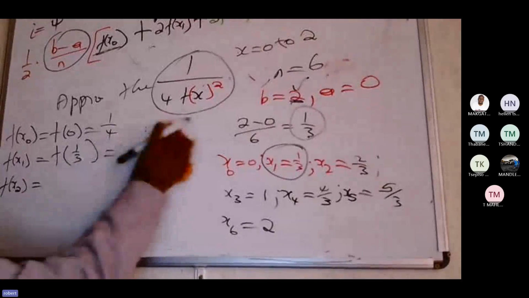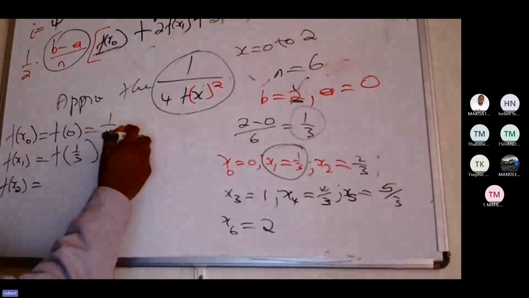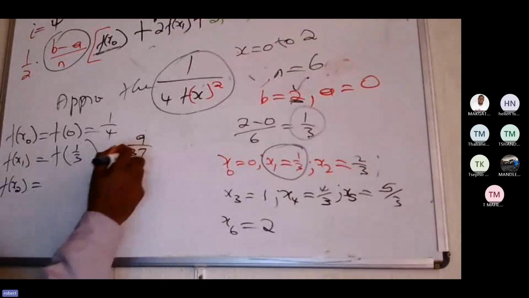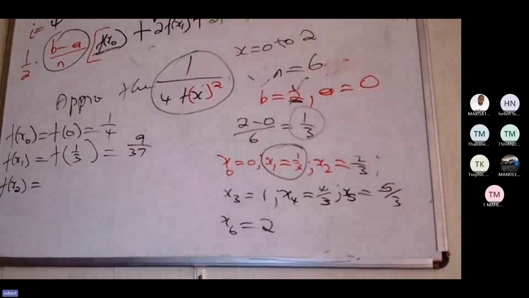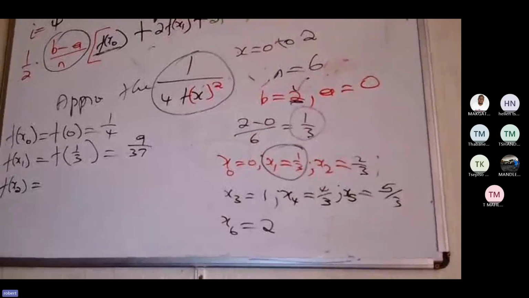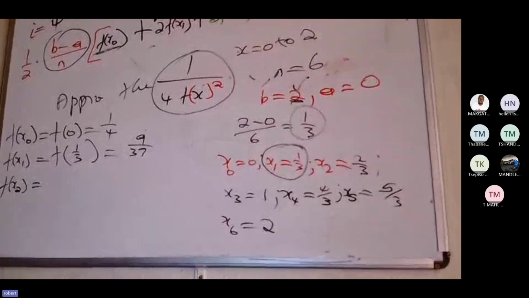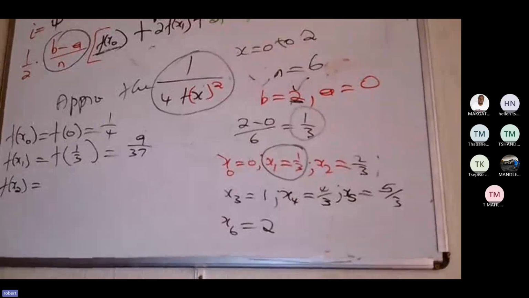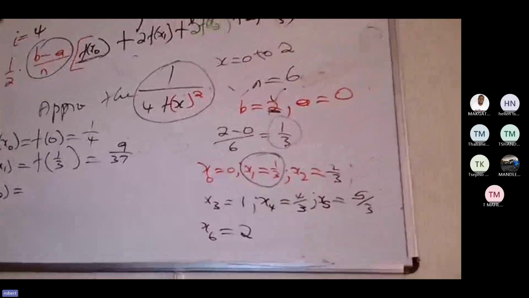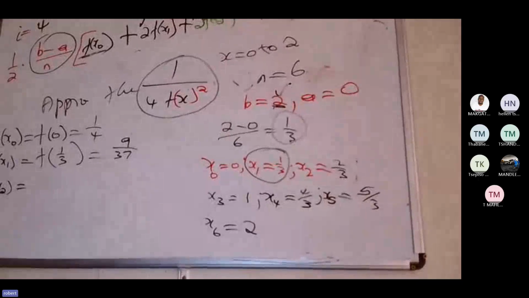Then the answer is 9/37. Remember, this is worth a lot of marks because it's a lot of work. So make sure that you understand it, then you are able to calculate it. Otherwise, you are going to lose about 7 or 8 marks in the exam, which is not nice.